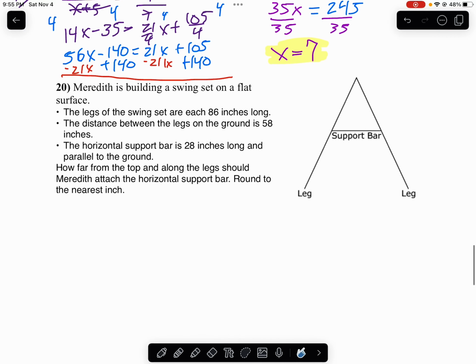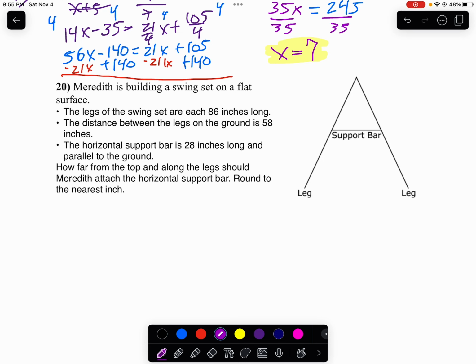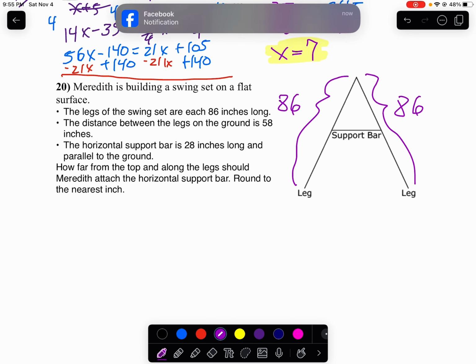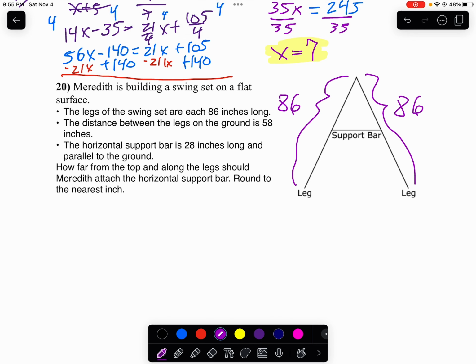Now if we take a look at number 20, we have Meredith's problem here. She's building a swing set on a flat surface. The legs of the swing set are each 86 inches long. So let's label that. And it says the distance between the legs on the ground is 58.